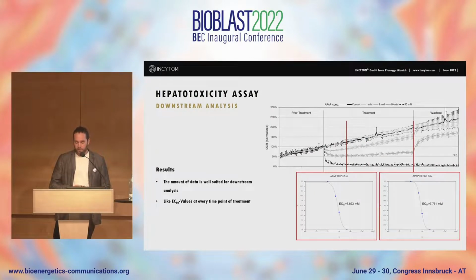This data can be used for further downstream calculations, for example the EC50 of APAP in the oxygen consumption rate at different time points. Therefore you can create a dynamic EC50 over time, and also look at different therapeutic windows where you may expect changes in the EC50.